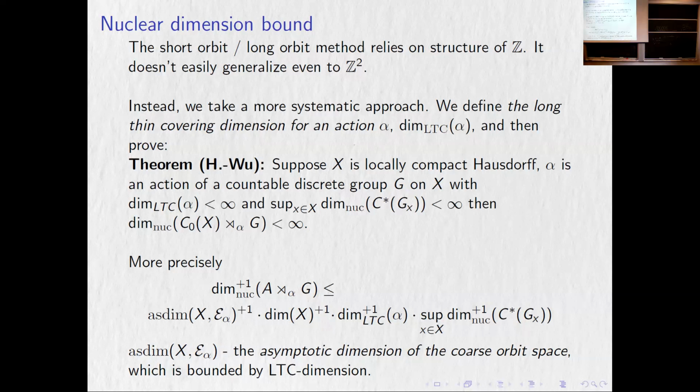So instead, we decided to develop a more systematic approach, where we defined some general notion of dimension for an action, which we call the long thin cover dimension. And we proved the following.